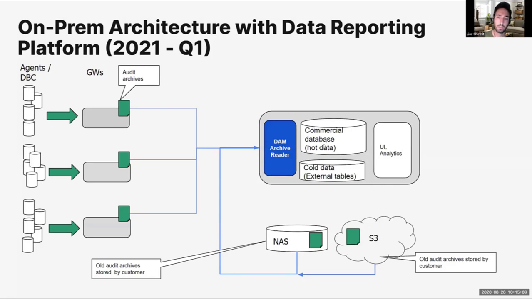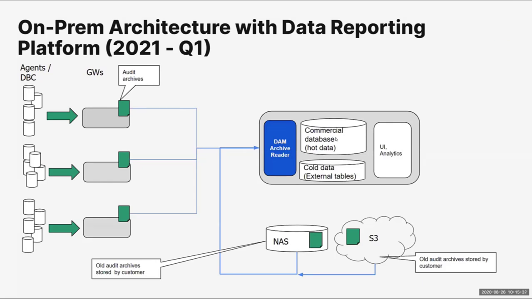On top of that commercial database, we're in the process of developing a fresh UI from scratch, not using the look and feel of the current SecureSphere, but the more modern and up-to-date frameworks that Imperva uses for its new products.